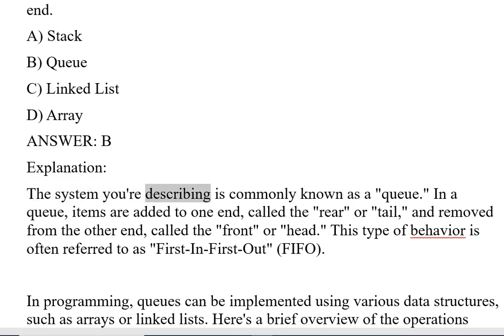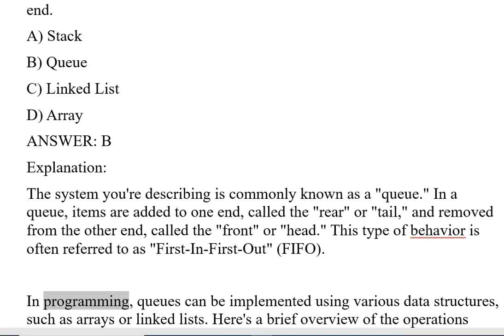The system you are describing is commonly known as a queue. In a queue, items are added to one end, called the rear or tail, and removed from the other end, called the front or head. This type of behavior is often referred to as first in first out, FIFO.